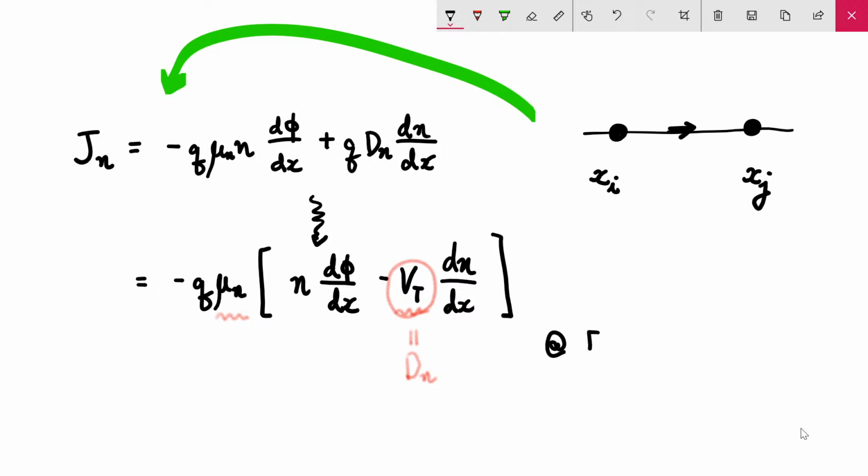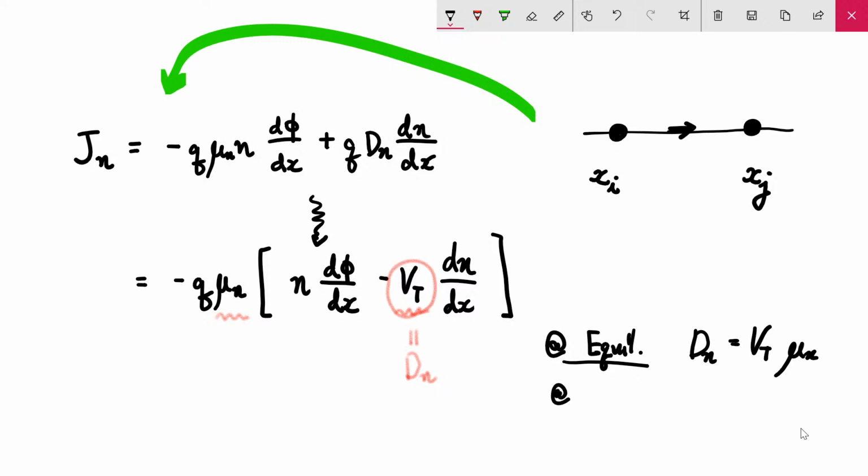So at equilibrium, we have the relation called the Einstein relation. The diffusivity dn is simply given by Vt times mu n. This is not an approximation, this is really a valid relation.